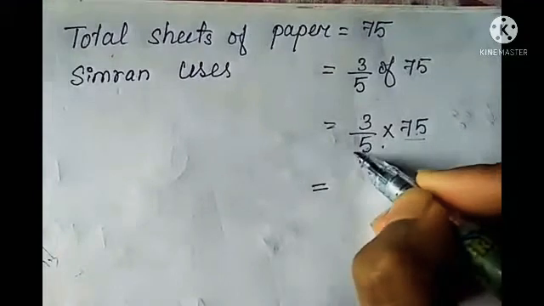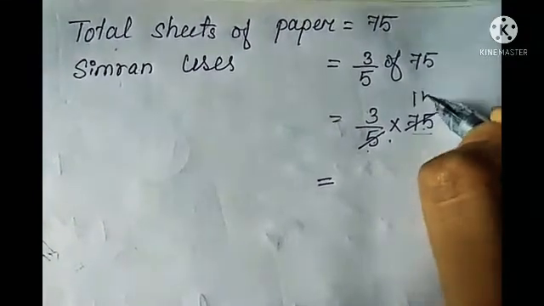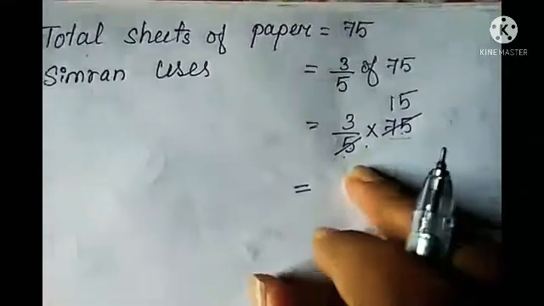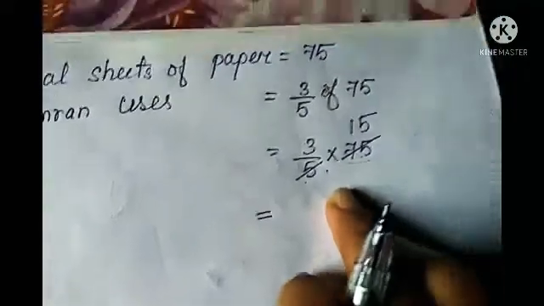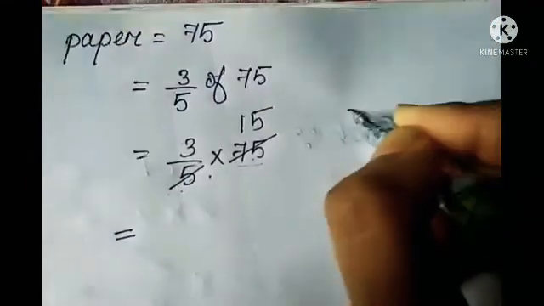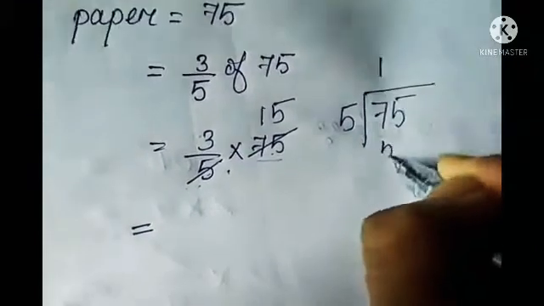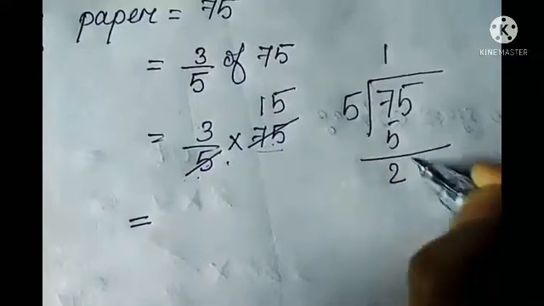So if you know the 15 times table, then you can directly cut them, because 5 fifteens are 75. Okay, but students, if you don't know and you are finding difficulty, then there is the option to divide, right? So you can divide them. 75 divided by 5.